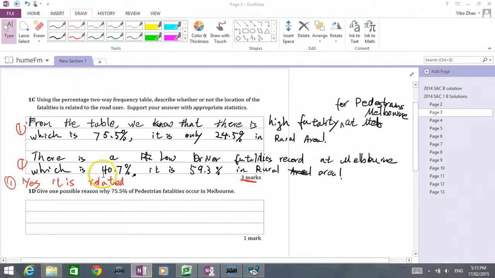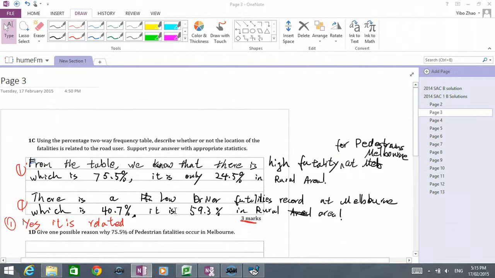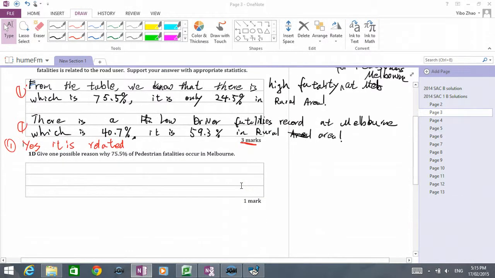Okay. For question 1D, we need to give one possible reason why 75.5% pedestrian fatalities occur in Melbourne. Why in Melbourne do we have more pedestrian fatalities?